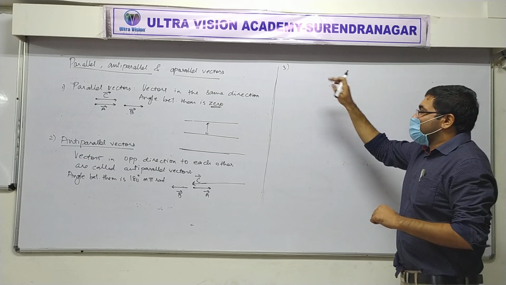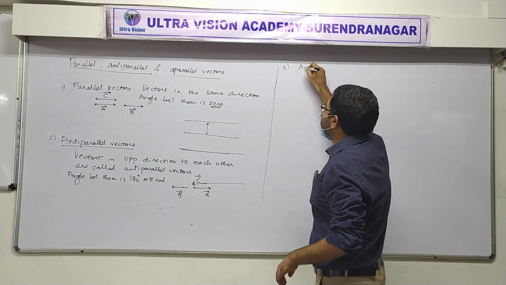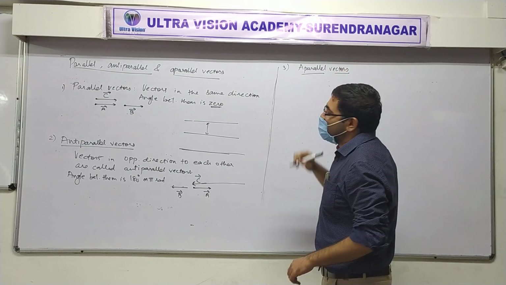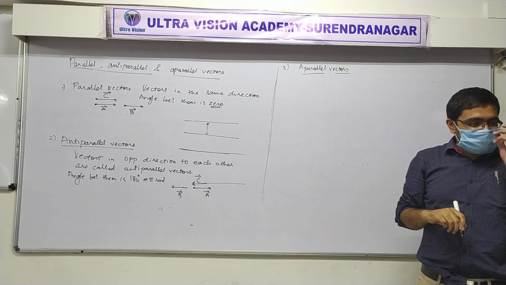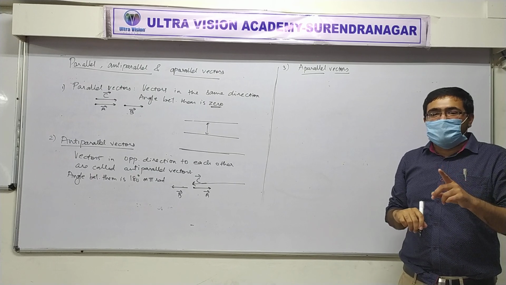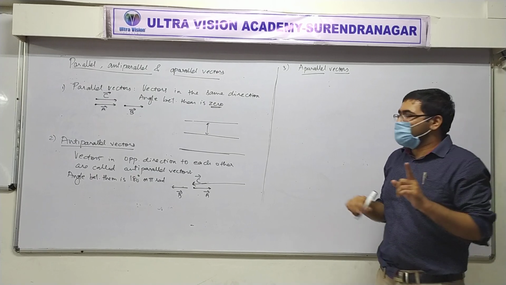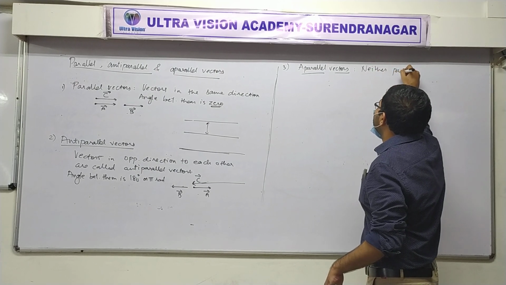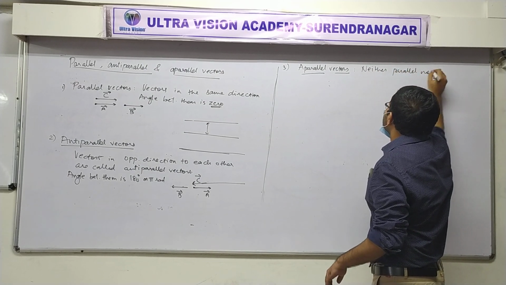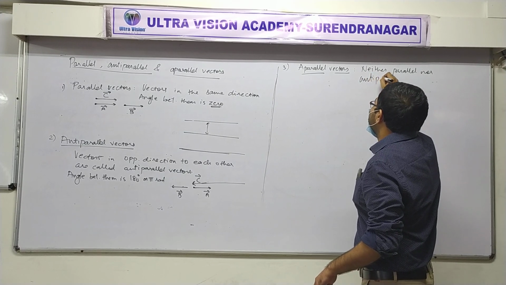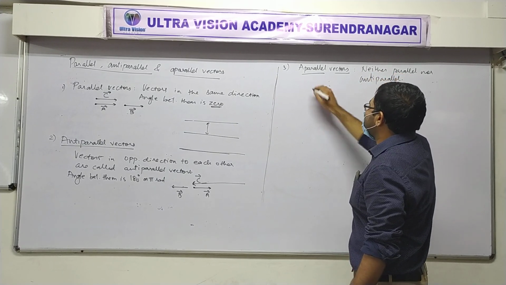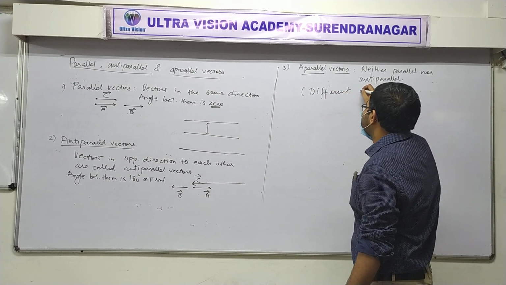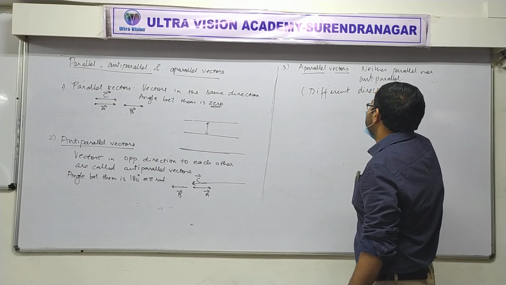Okay. Third, non-parallel vectors. Non-parallel means neither parallel nor anti-parallel. These are vectors which are neither parallel nor anti-parallel. Often we say that the vectors are in different directions.